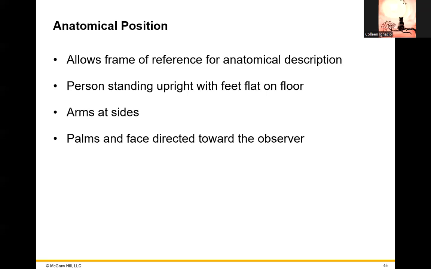let's talk about the anatomical position. The anatomical position is important for us as healthcare professionals, so that we're all speaking and referring to the body from this anatomical position. So this is a frame of reference. If you are familiar with mountain pose in yoga, it's very similar.